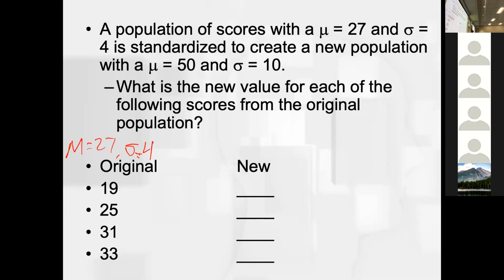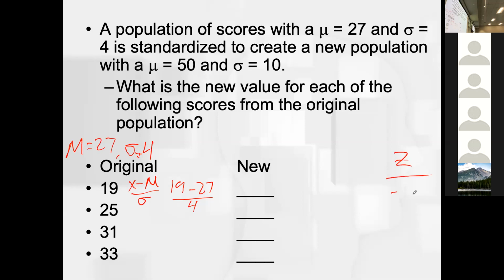Yes, first find the z-score. All right, and so how do we find the z-score again? Score minus mean over standard deviation, exactly. So for 19, you're taking 19 minus 27 over 4. So that gives you -8 over 4. I'm going to write them off to the right here.